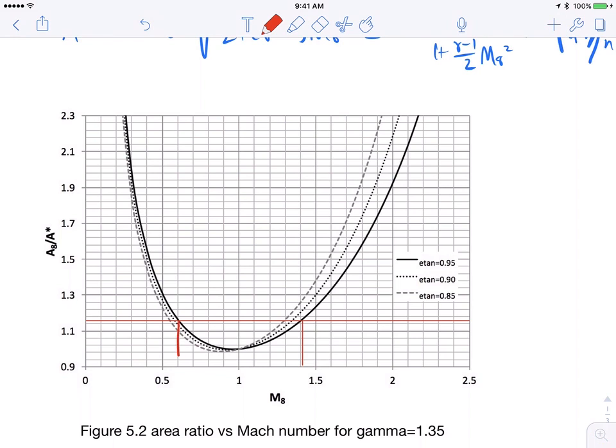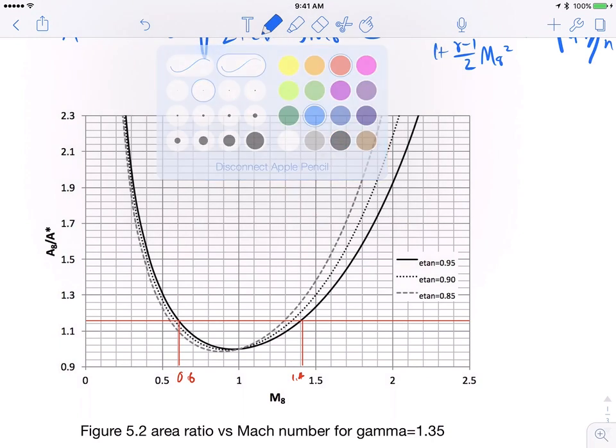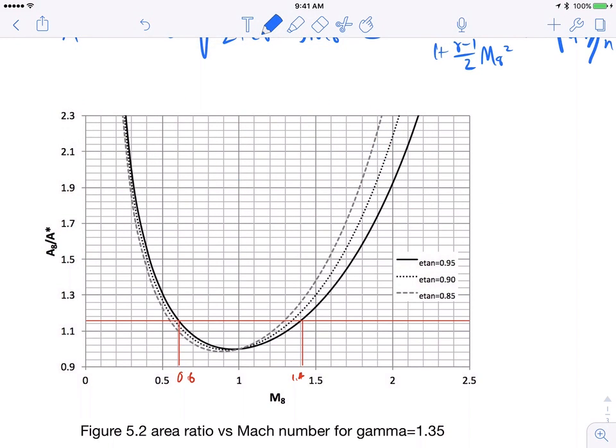We pull out our intersections there, and you see we'll end up with two solutions for the Mach number, of course. There'll be a supersonic and a subsonic solution depending on the back pressure on the nozzle. One's going to be close to 1.4 and the other is going to be a little bit greater than 0.6.